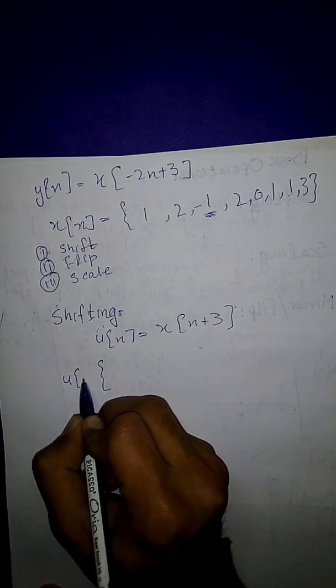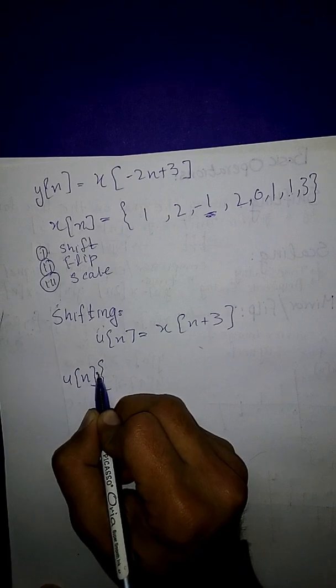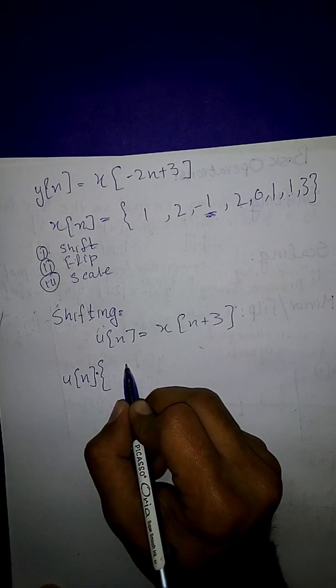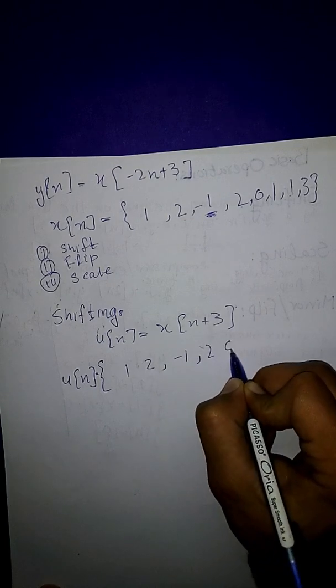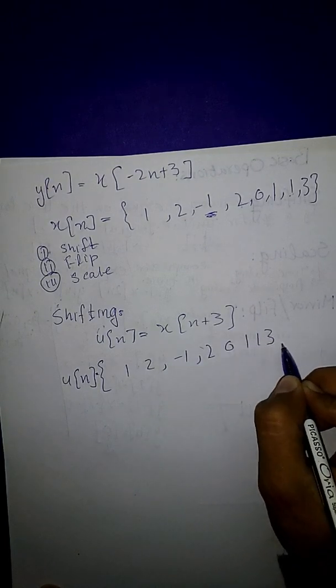U of n is equal to 1 2 minus 1 2 0 1 1 3.